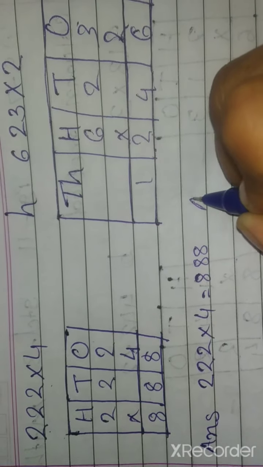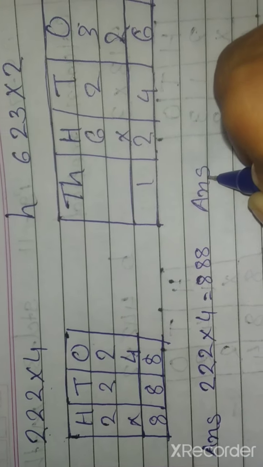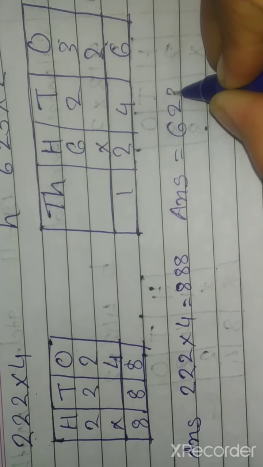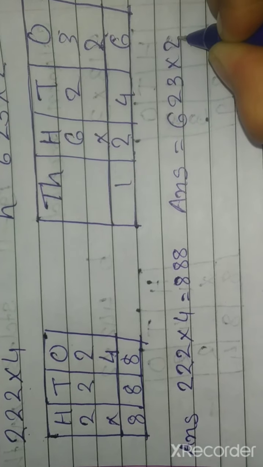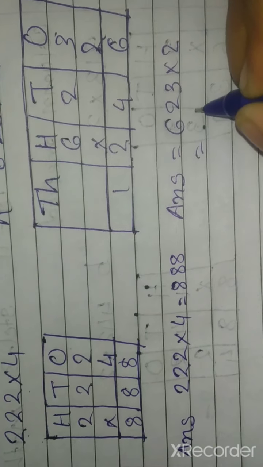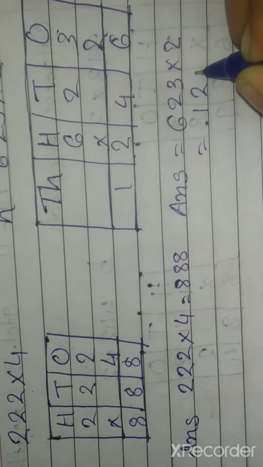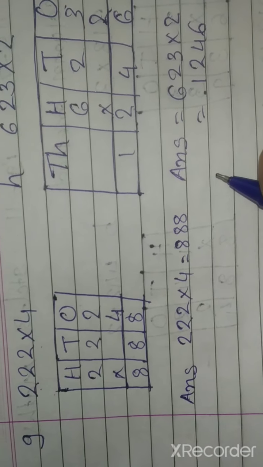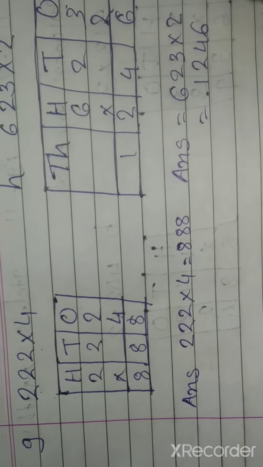So our answer is 623 into 2 is equal to 1246. This one is our answer.